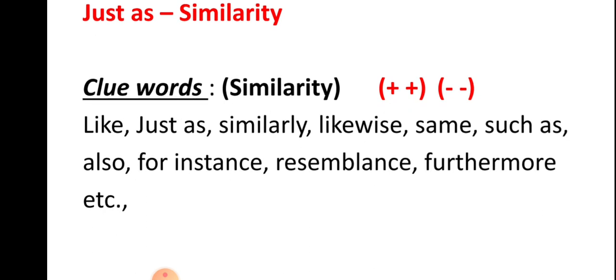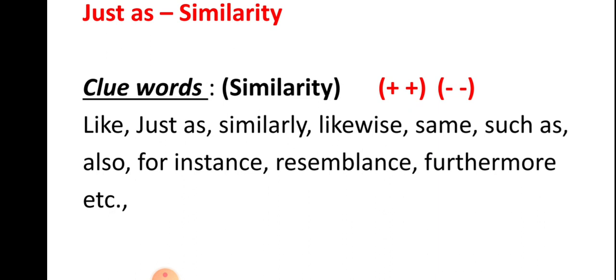Now look at some of the clue words: like, just as, similarly, likewise, same, such as, also, for instance, resemblance, furthermore, etc. Whenever you have these words, you should understand that you are giving some relation between two different things in this sentence, and that relation is going to be similar.